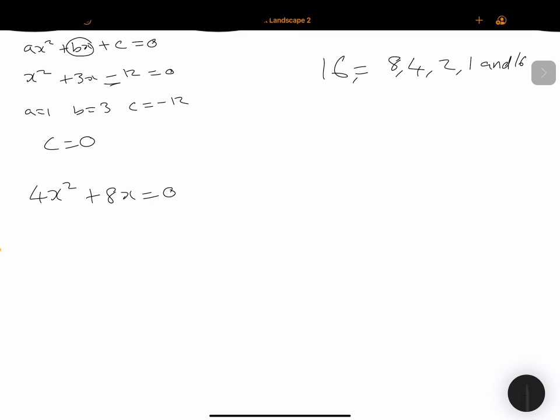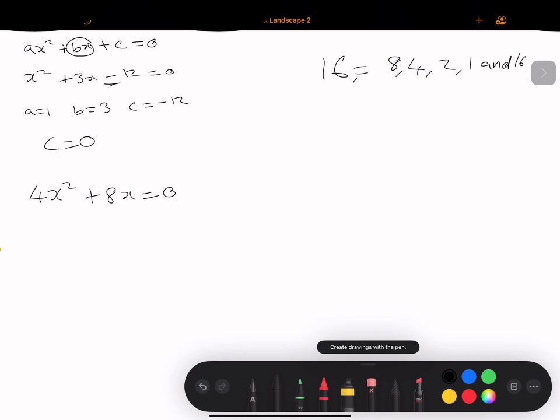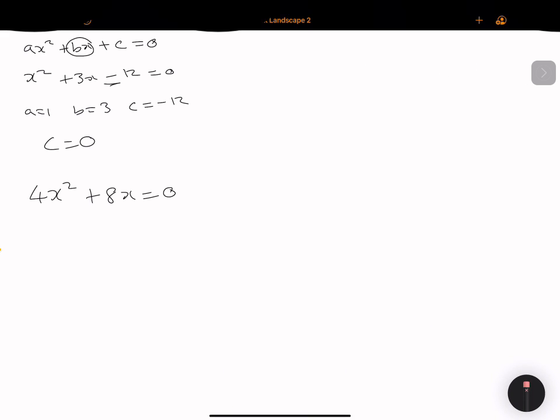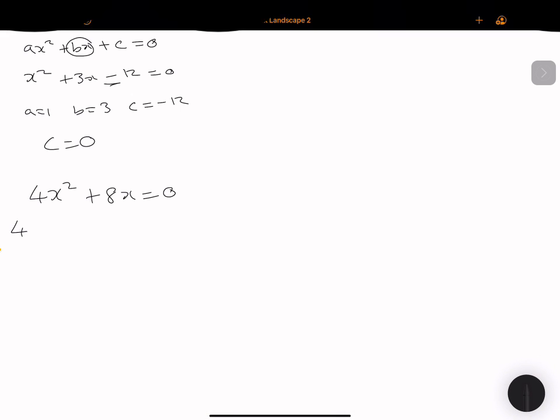All them values add times together to make 16. Okay, so let's get rid of that now. So what factors we have here are 4, because 4 goes into 4, but it also goes into 8 twice, so you can take out a factor of 4 because it goes into both of them.